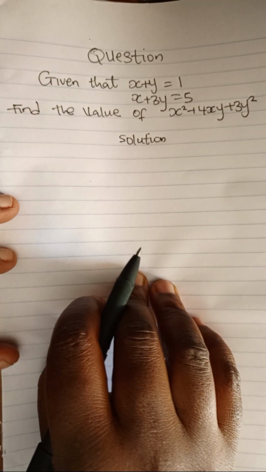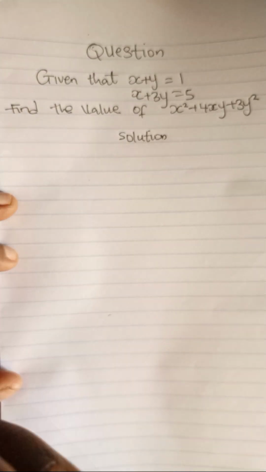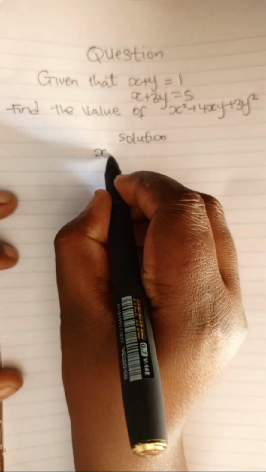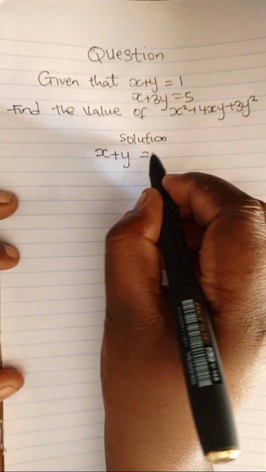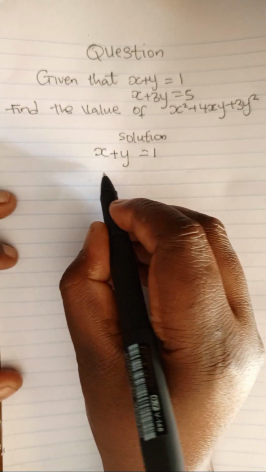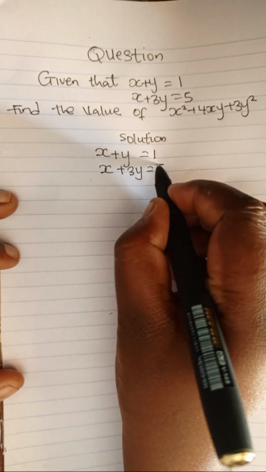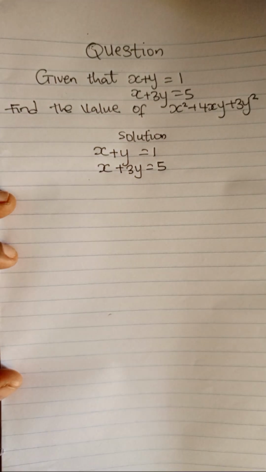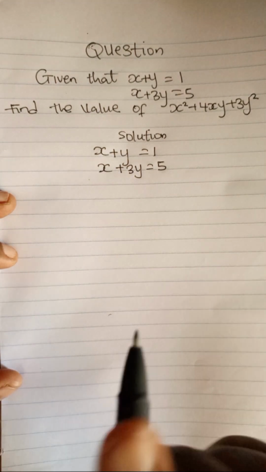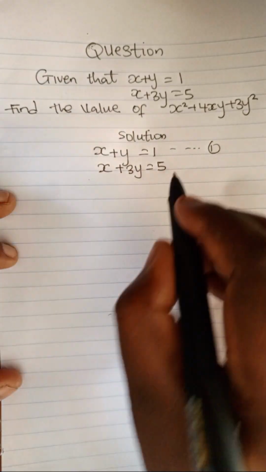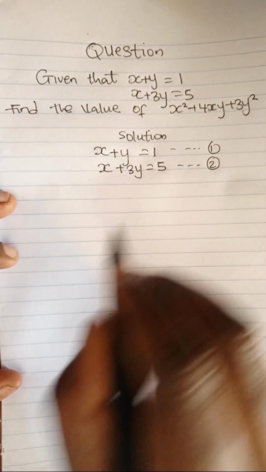Now, all we need to do is to bring down the simultaneous equation that is given to us. So we have x plus y equals 1, and x plus 3y equals 5. Let's call this equation 1 and this equation 2.